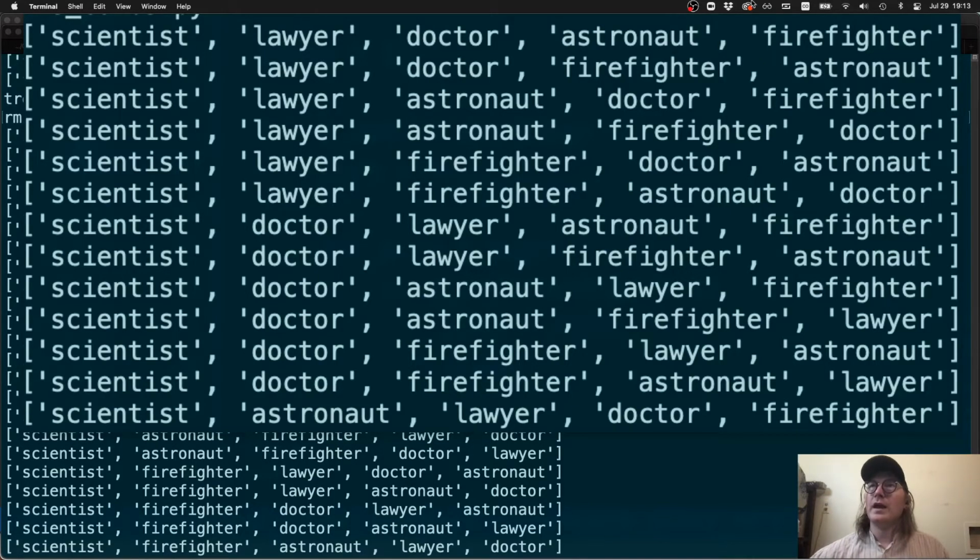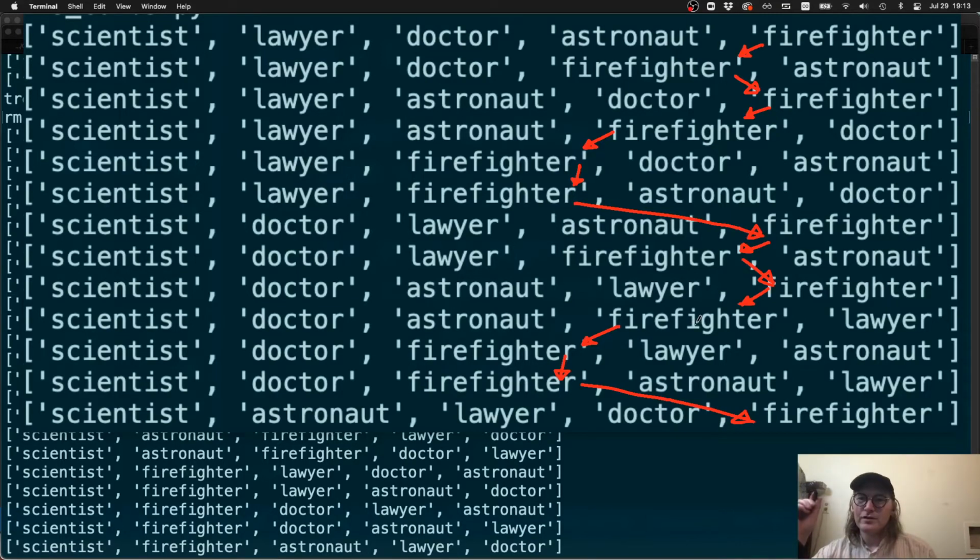Okay, and I want to give you some intuition for that. Firefighter here moves to the left, moves to the right, moves to the left, moves to the left again, moves down, and then goes back to the beginning. Moves to the left, moves to the right, moves to the left, moves to the left, goes down, back to the beginning. That's a predictable pattern right there.